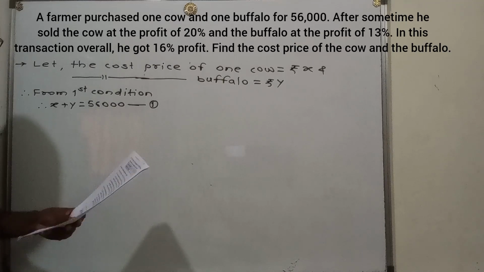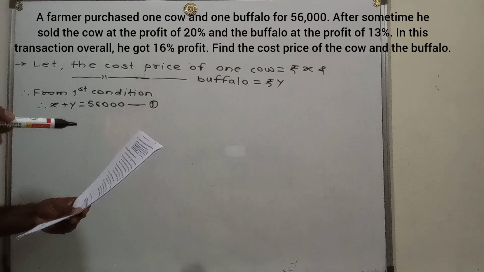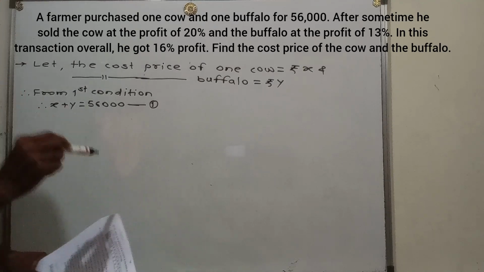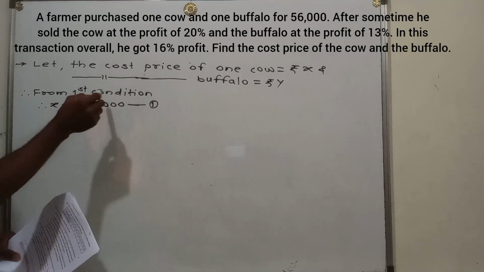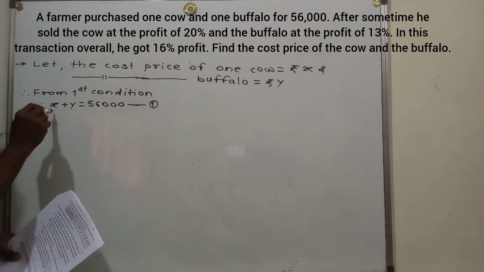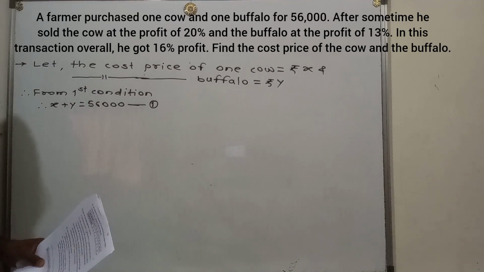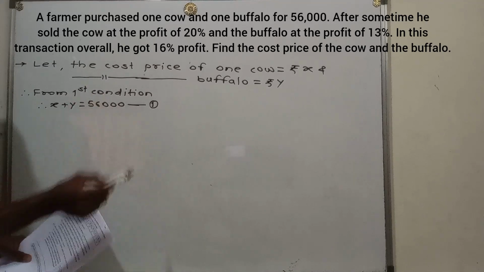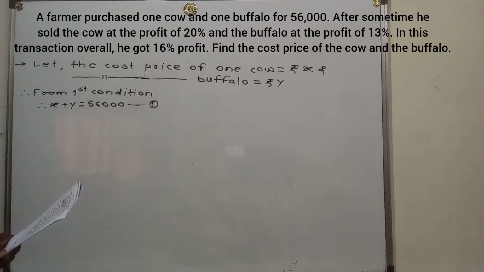Did you get it? In this transaction, overall he got 16% profit, which means the total amount of a cow and a buffalo is 56,000, and on this 56,000, he got 16% profit. Did you get it?